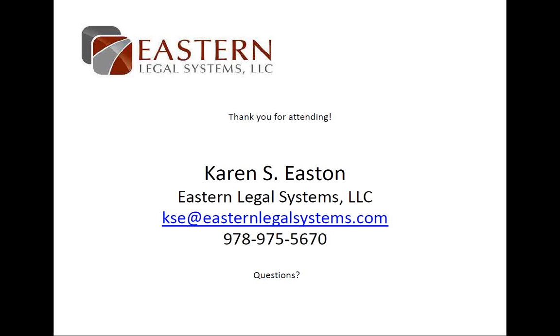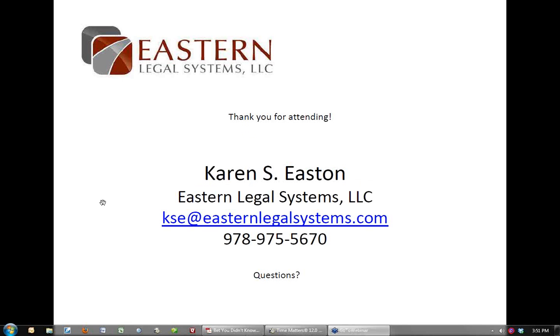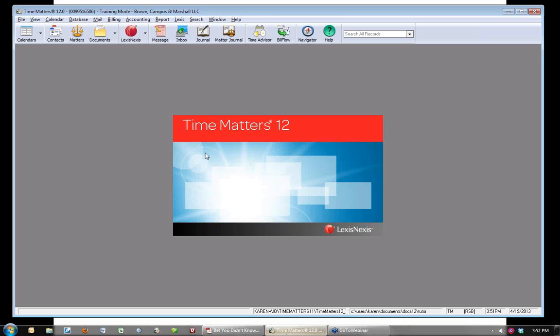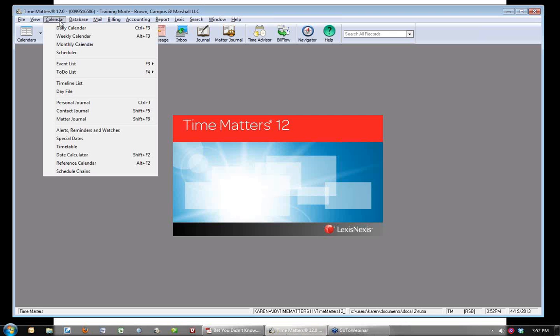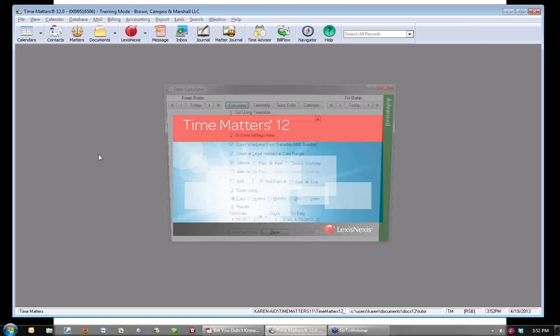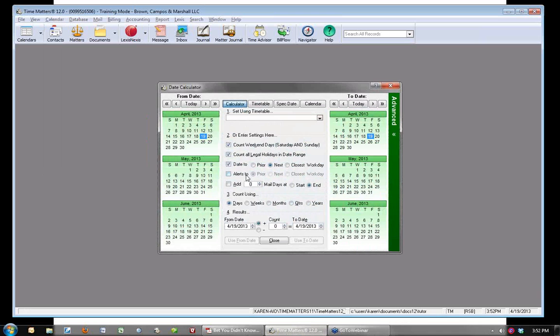Next question. In Date Calculator, ours automatically has the date to next day checked off. How do we get rid of that for all users? Date to next day? In the Date Calculator. Oh, this right here?